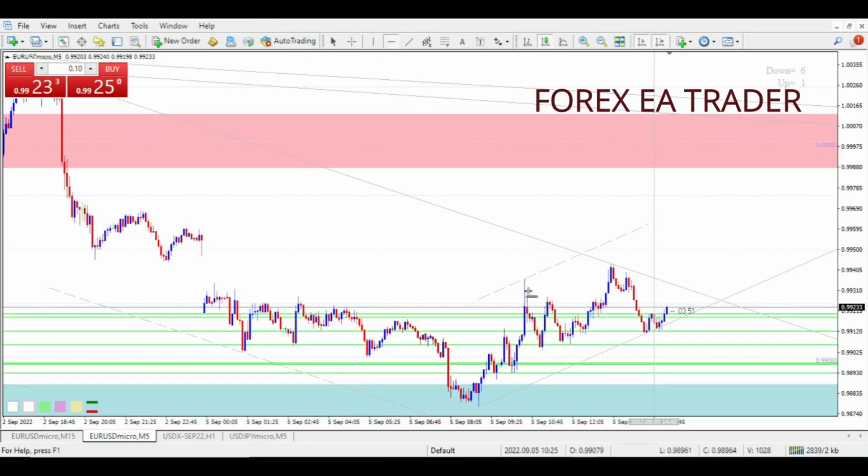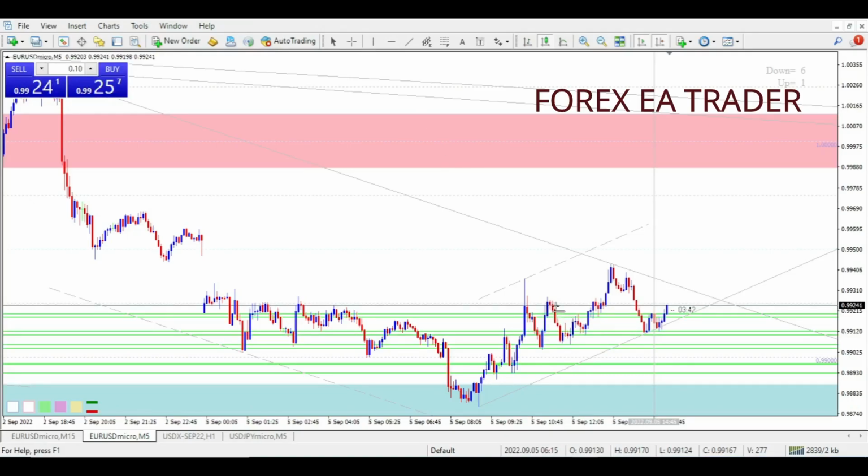You can see how the trades start to stack, and obviously if your account does not have enough money to handle this, then you are probably going to be worrying.